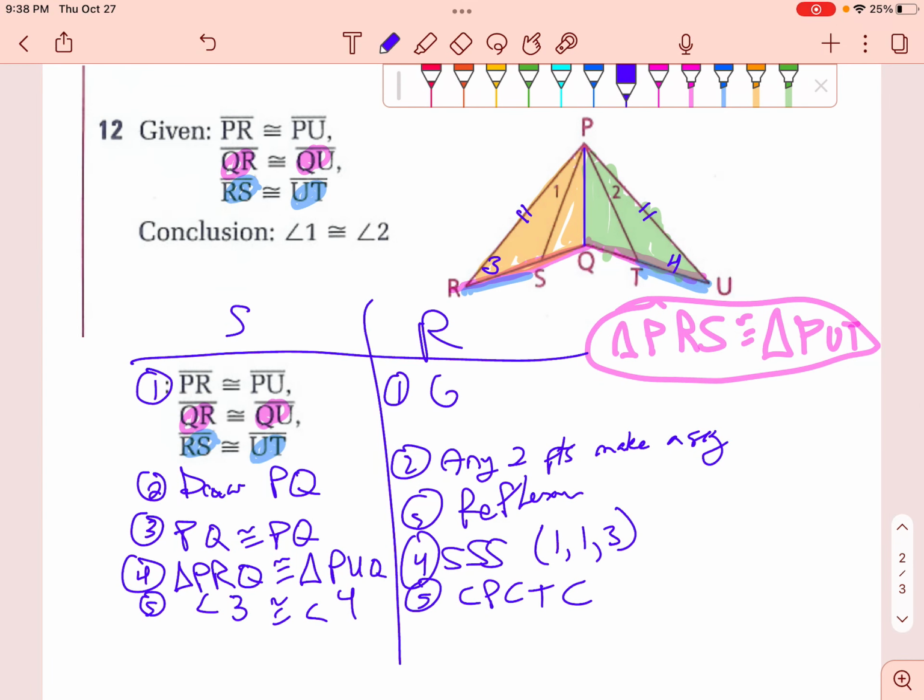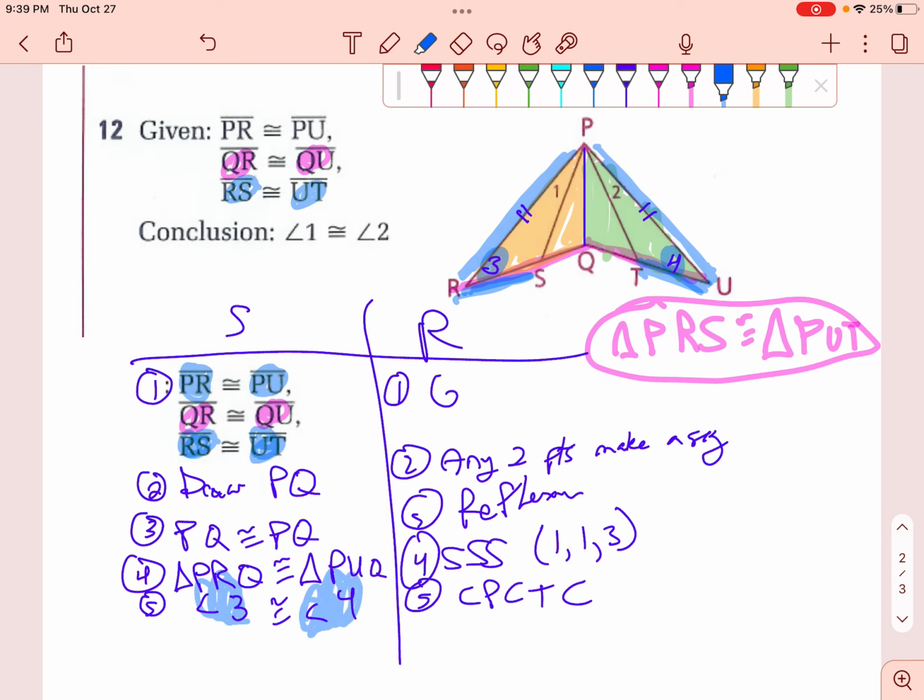And now I have enough information because I have this blue side, I have that blue angle, and I already have RS. And I have this side, this angle, and this side. Okay. So let me make sure. I have RS equals UT. I have PR equals PU. And angle 3 equals angle 4.